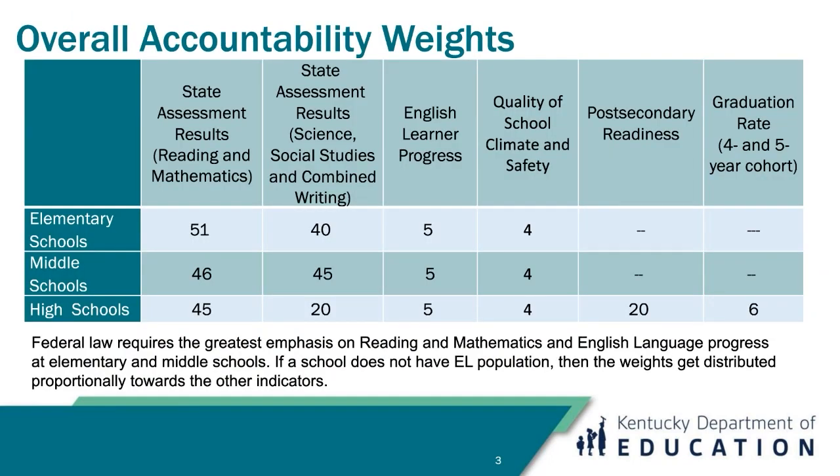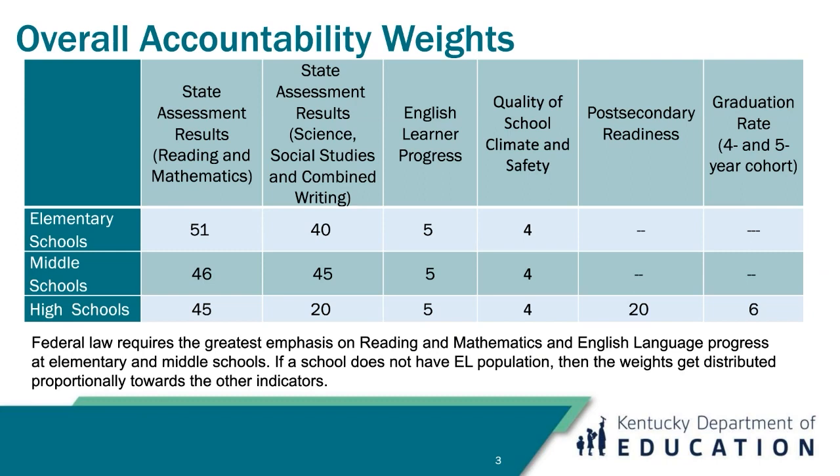Just wanted to let you know about the overall accountability weights, and you'll notice here for our English learner progress, for all three, elementary, middle, and high school, it carries that 5% weight for our accountability.